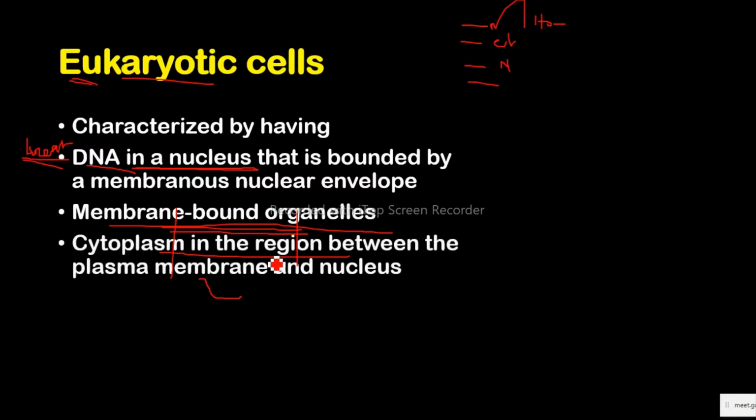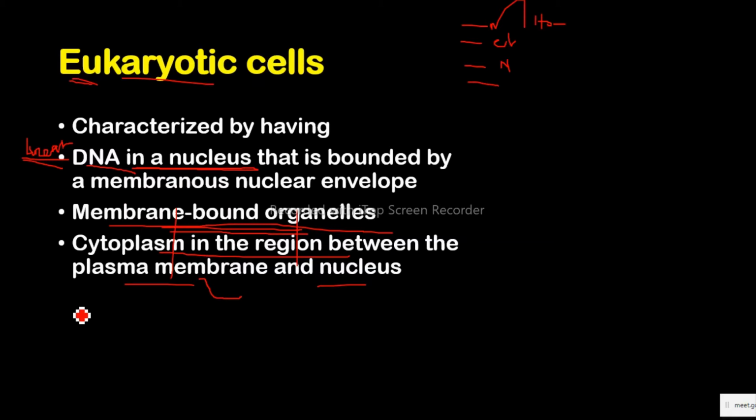Cytoplasm is the region between the plasma membrane and the nucleus. So this one is almost identical to prokaryotic cells, but the difference is here the cytoplasm is between the nucleus and the plasma membrane. Now it has a nucleus, that dense part within a cell.